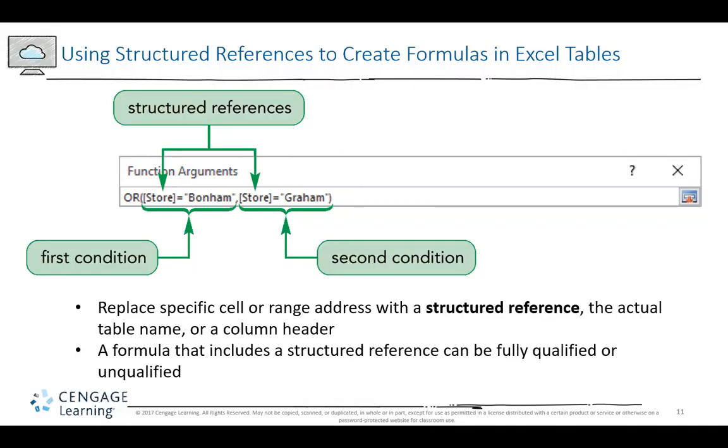So Store is the name of the column in our table, and if the entry for the row is Bonham or Graham, then the result of our OR will be true. We can replace specific cells or range of addresses with these structured references to make our program's logic much more understandable.